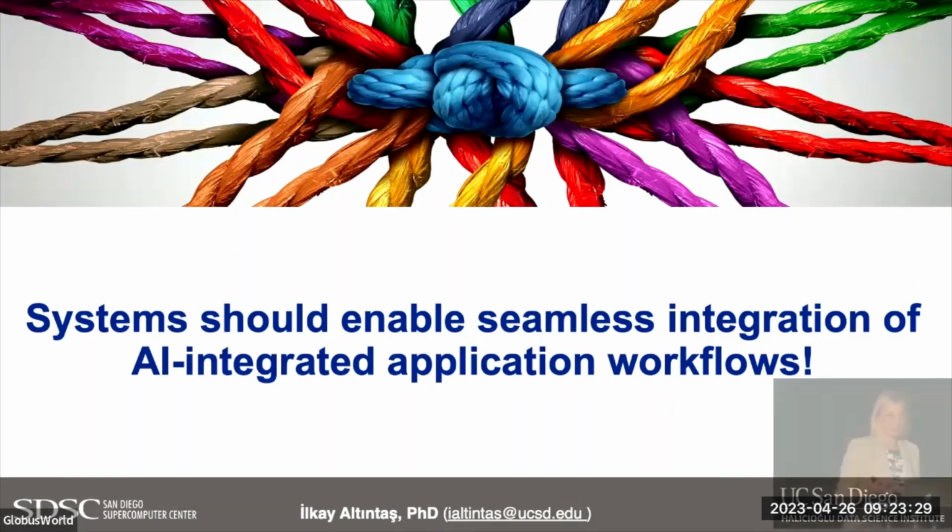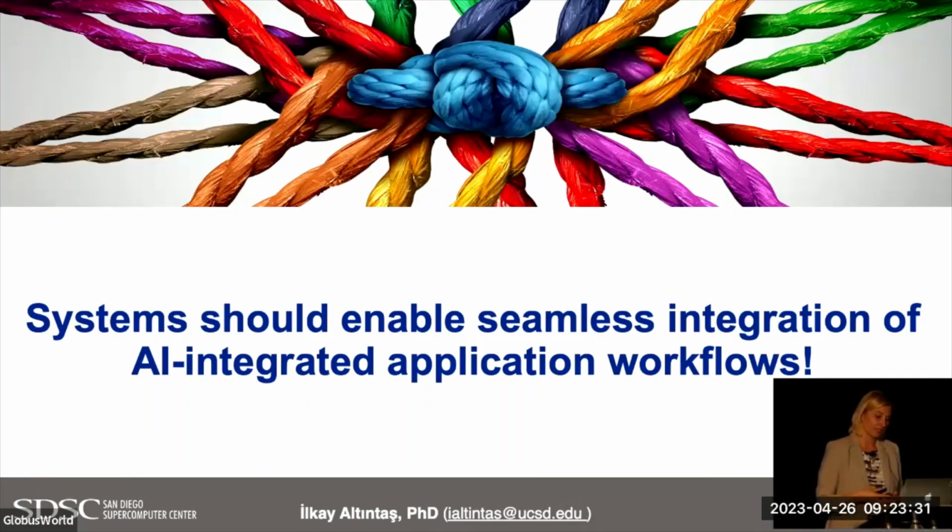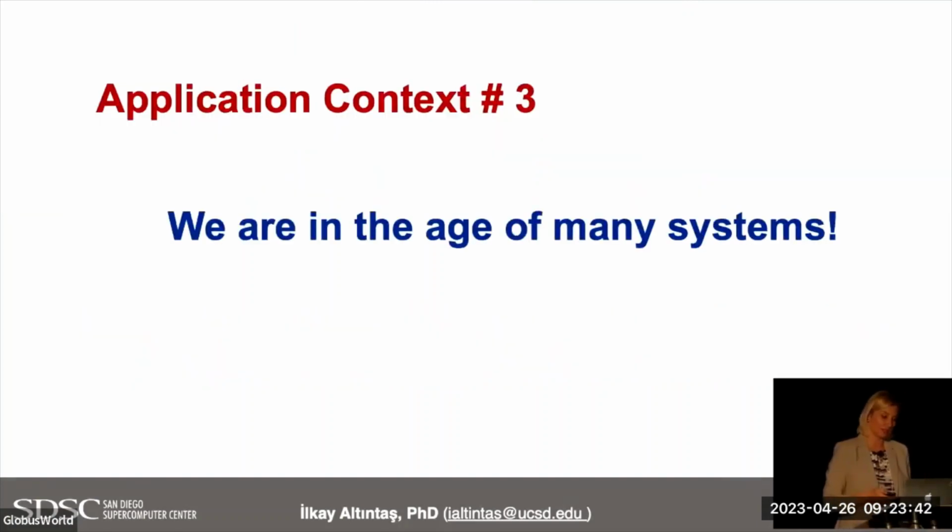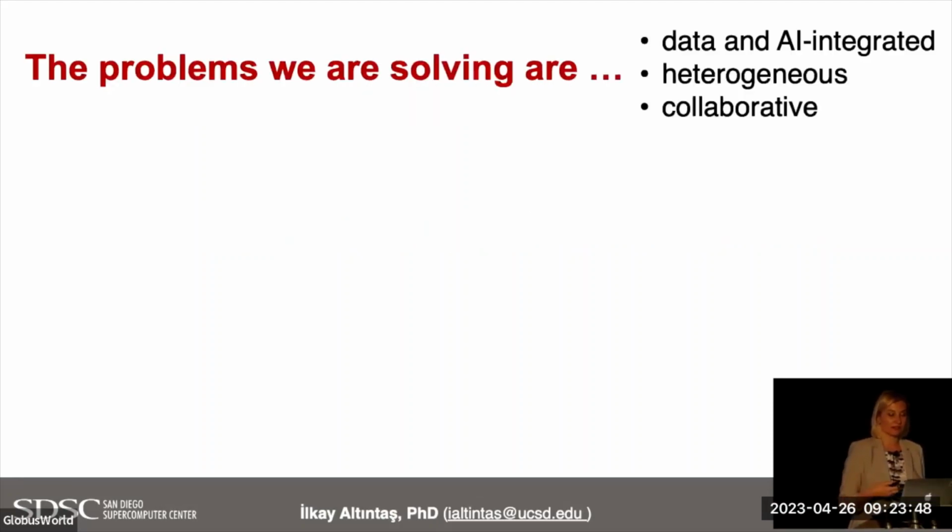So then we can say the systems learning from that is the seamless integration of AI into workflows. So this is becoming then application integration on top of many systems. So that's the next context in that sense. We are doing it on top of systems in a very heterogeneous fashion and collaborative fashion.